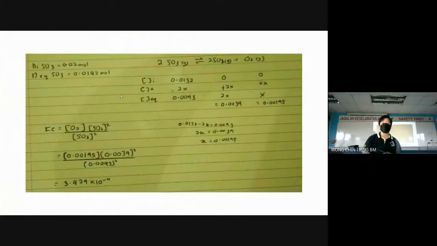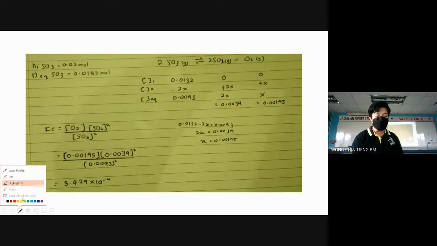The moment you make the change, make sure the equation above is balanced and correct. That's why on top of the ICE table, you need a balanced and correct chemical equation. Alright, sorry. Okay. And then I have a correct set of answers over here. Let's take a quick look at Fatnin's answer over here.